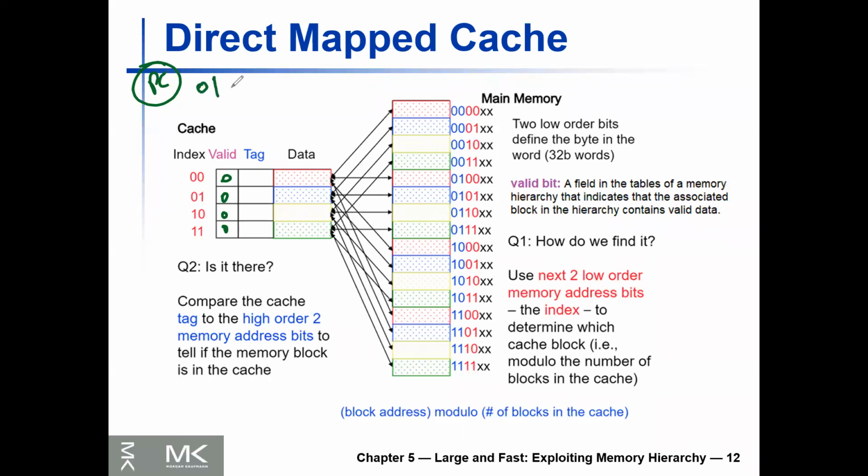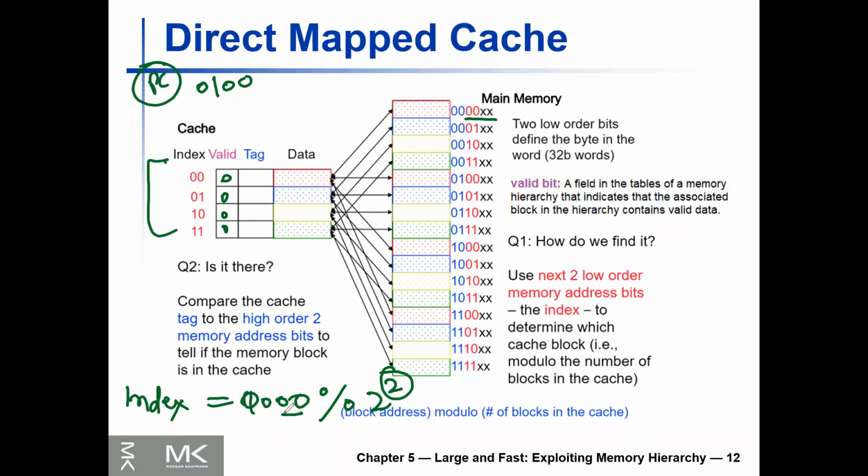And the processor wants to access some data from this address. Let's suppose the processor needs to access the data from this address. As I told you, the index is equal to the address which we are looking for, modulo. How will this be mapped there? You can just take these 2 bits. We need modulo 2 to the power 2 because there are only 4 blocks here.